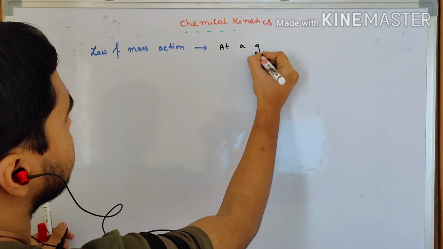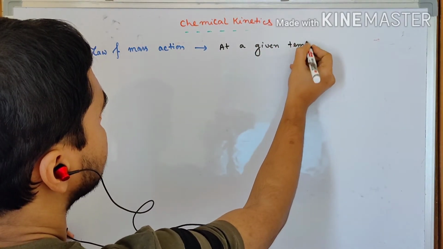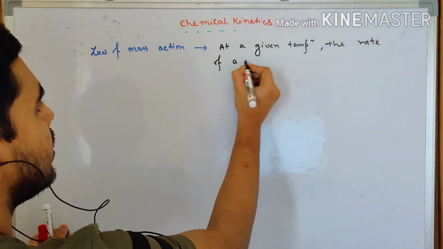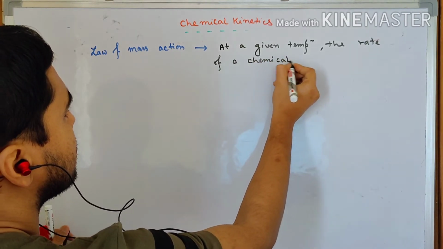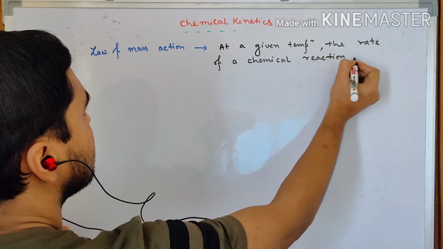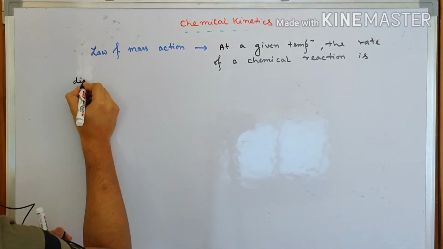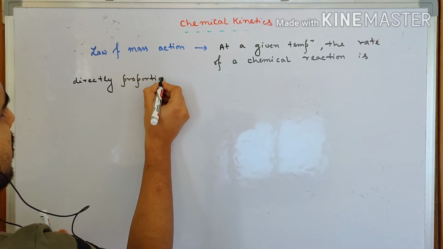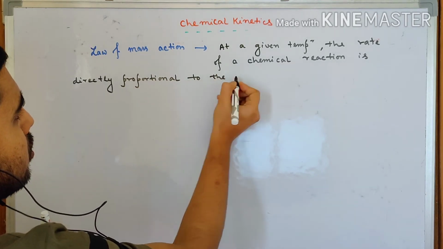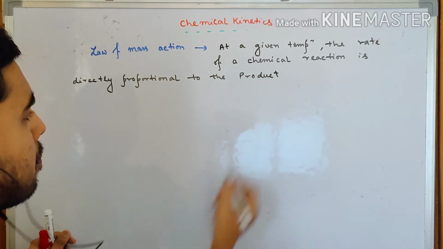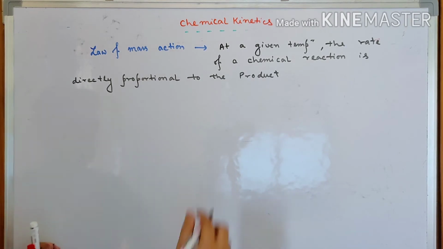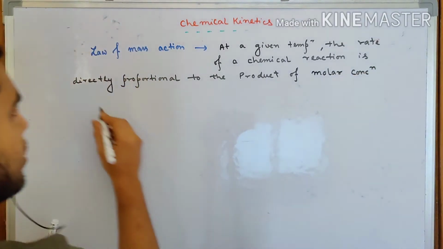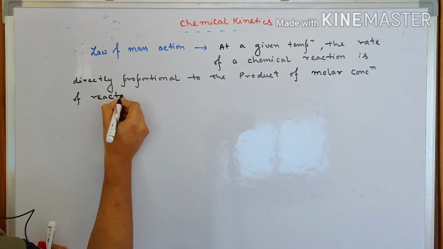At a given temperature, the rate of a chemical reaction is directly proportional to the product of the molar concentration of reactants.